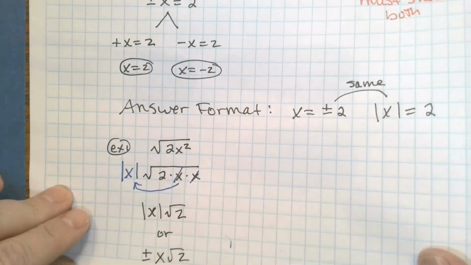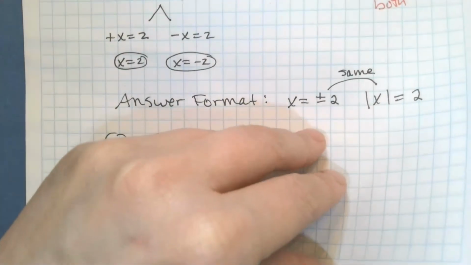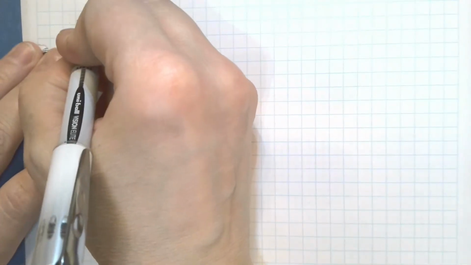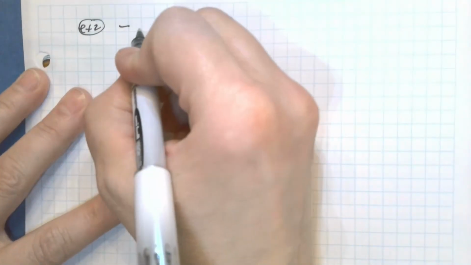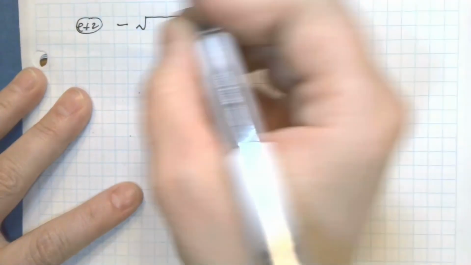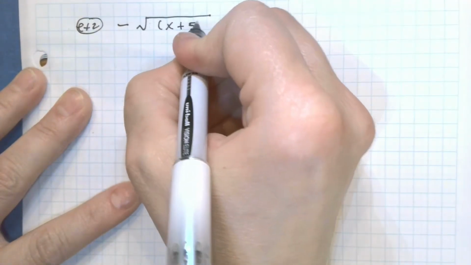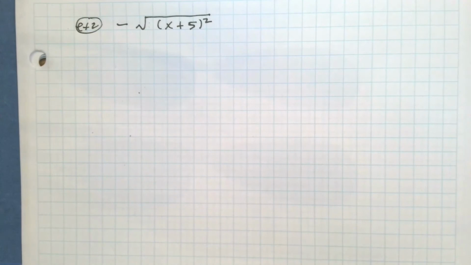Okay, let's do another example, a little more complex. In this example, you have a negative scalar, a square root, and this time you have a binomial being squared, not just a single number.